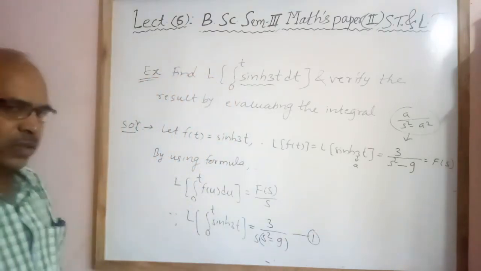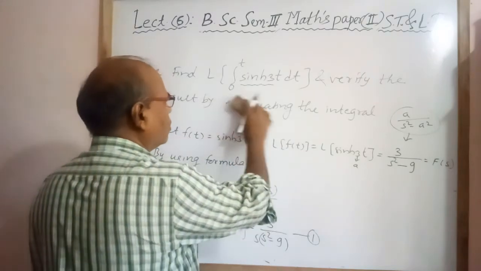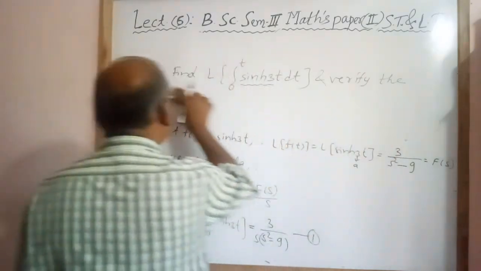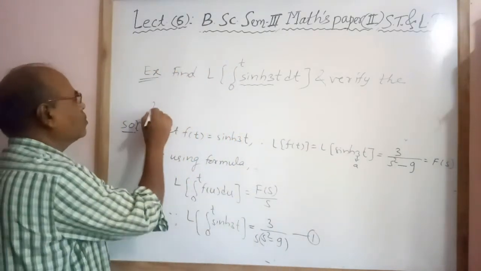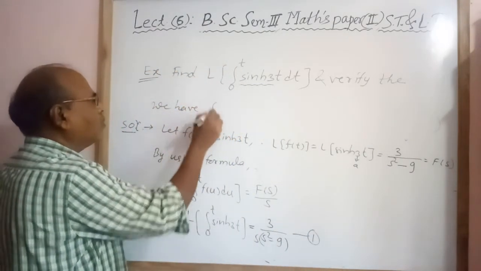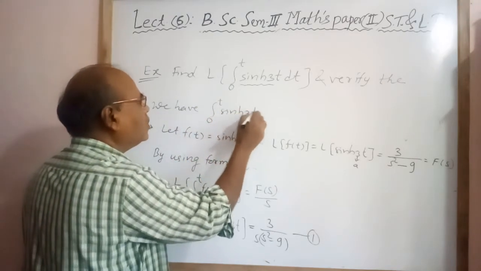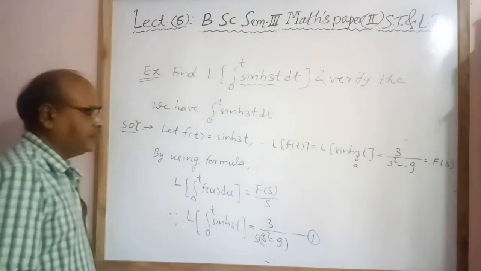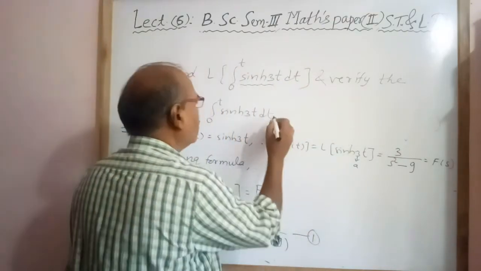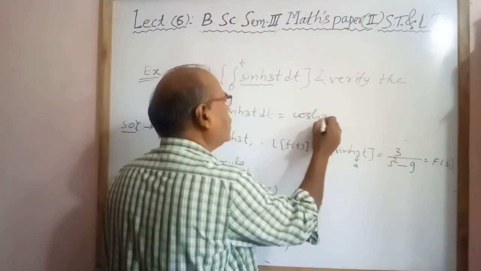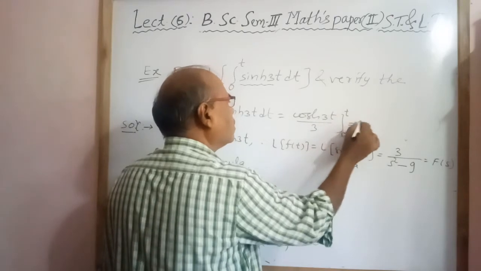I prove this result by using the integration. We have integration 0 to t sin h 3t dt. Now integration of sin h 3t is cos h 3t divided by 3, limits from 0 to t.